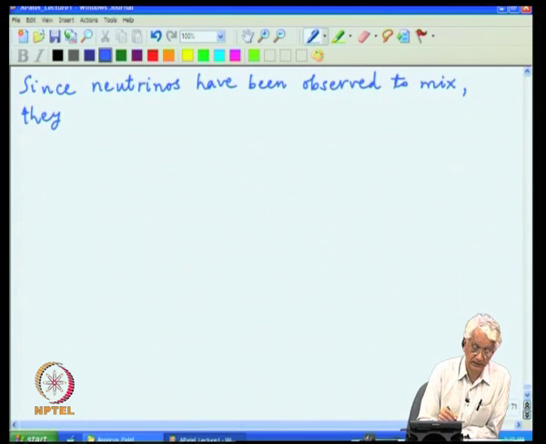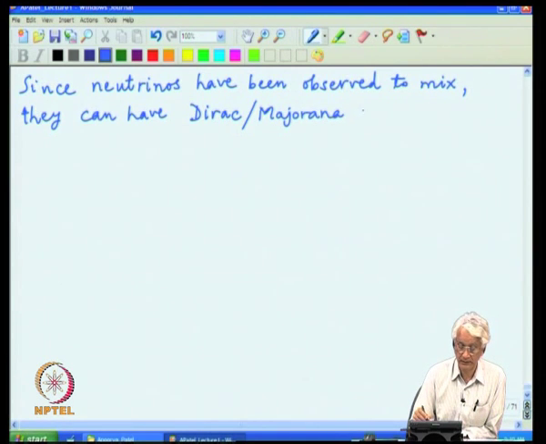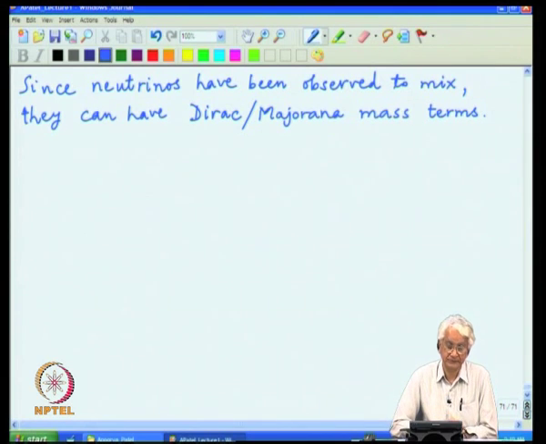They can have Dirac or Majorana or both mass terms, and the models having these particular properties have been constructed and they are under investigation in trying to figure out what the predictions are and what kind of parameters will obey the experimentally observed consequences.